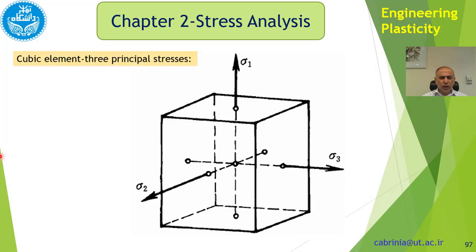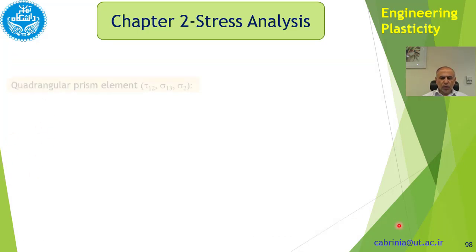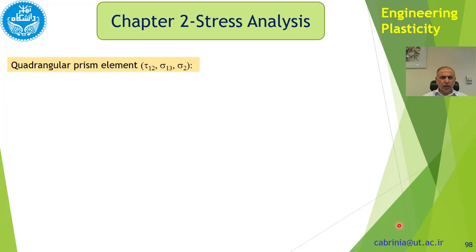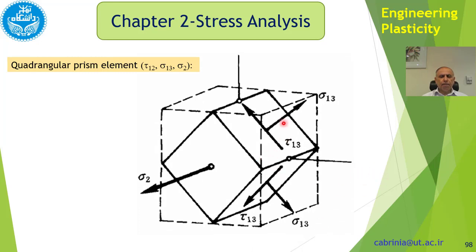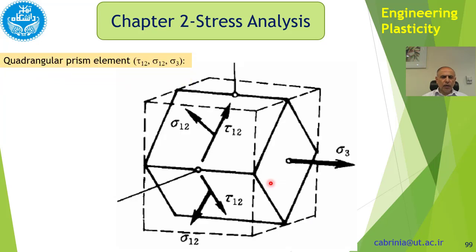Now this is a cubic element, and we got sigma 1, 2, 3, and this is a quadrangular prism element, and as you can see on this plane we have sigma 1, 3 and tau 1, 3. So that's sigma 2, sigma 1, sigma 3, and on this plane also we have tau 1, 3 and sigma 1, 3, and here we have tau 1, 2, sigma 1, 2 and sigma 3.